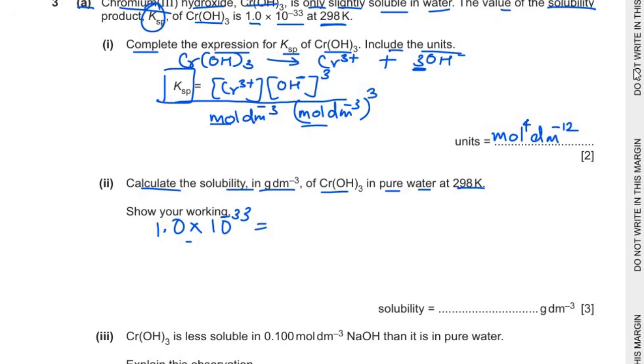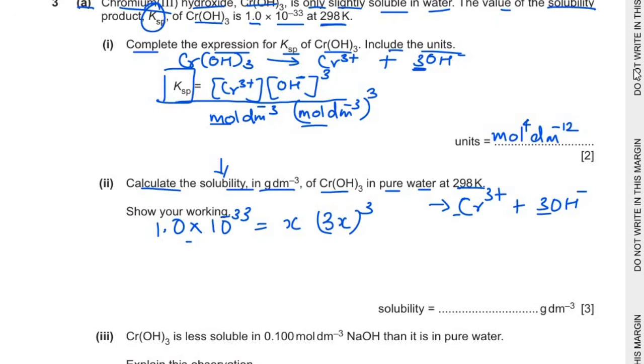So if we take the solubility of chromium ion as x, then for hydroxide it has to be 3x, to the power of 3. The reason is that the chromium and hydroxide ions, as we have written in the equation up here, are ionized in a 1:3 ratio.